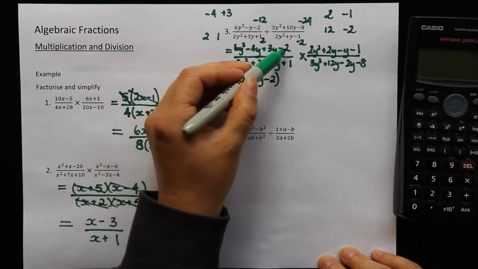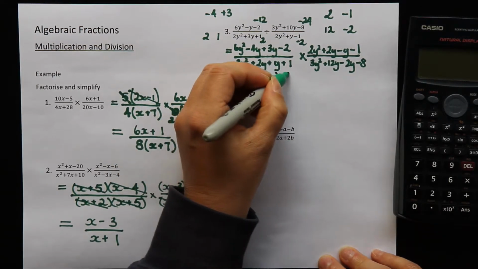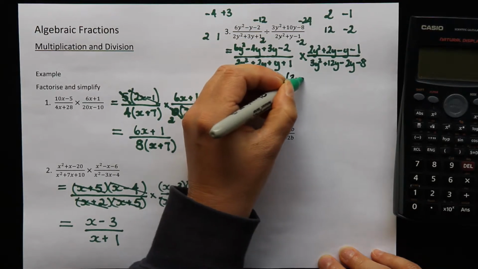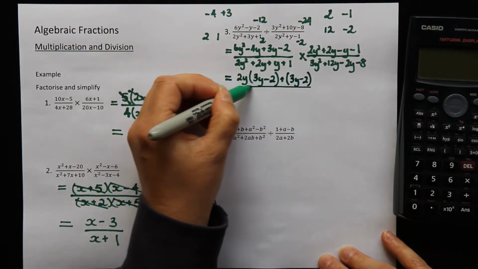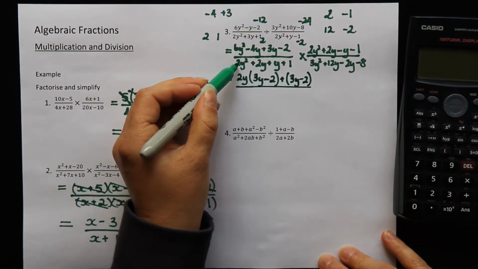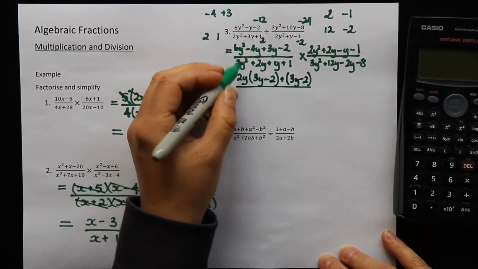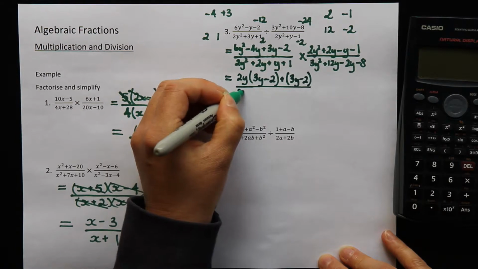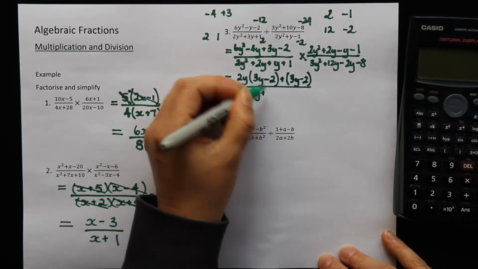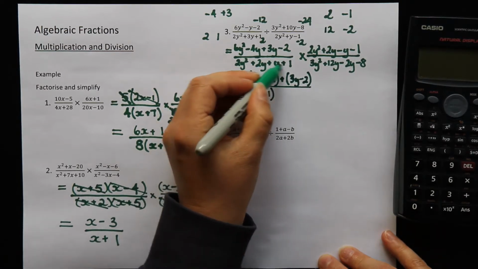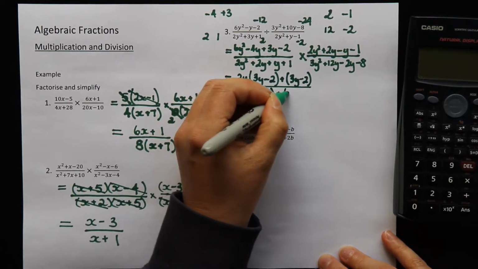Now this is 3y minus 2, so I'm just going to write that in brackets so that I can factorize that further in a moment. On the bottom, 2y squared plus 2y, there's a common factor of 2y there, which will give me a y plus 1. And this is a y plus 1, so I can do my same thing here.